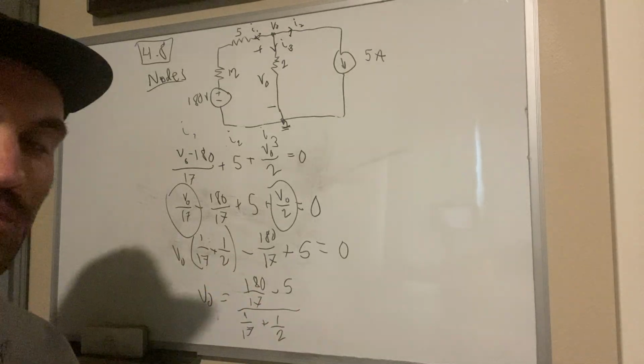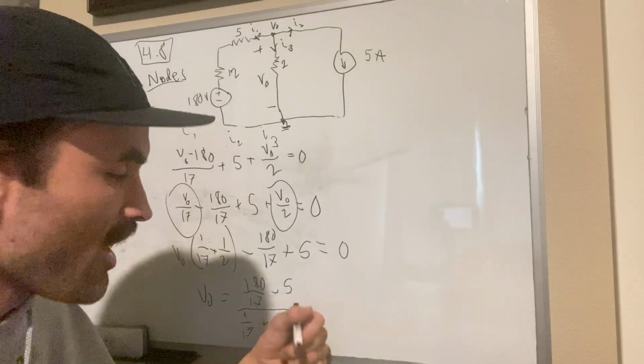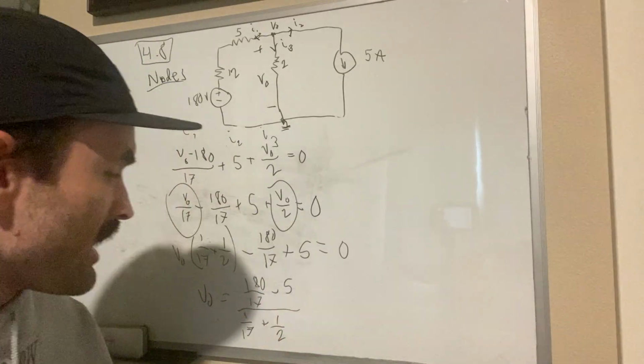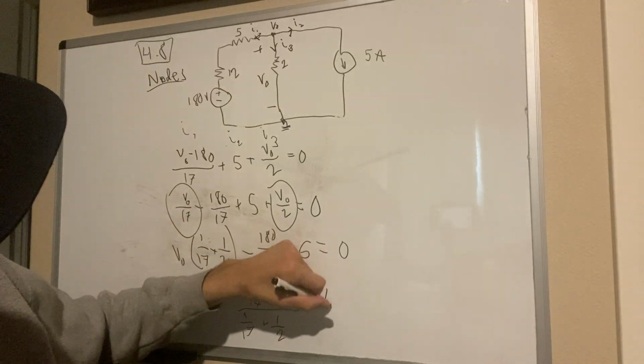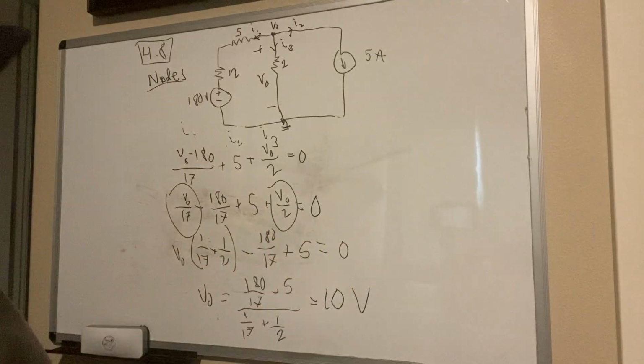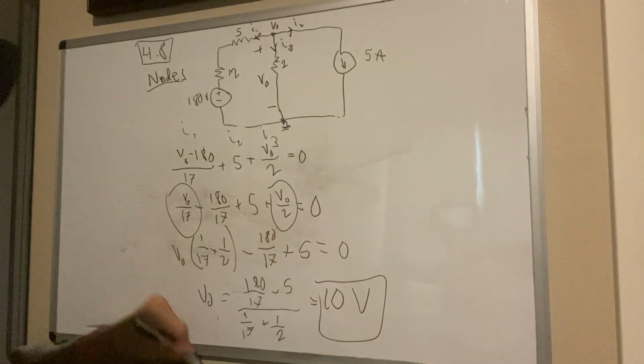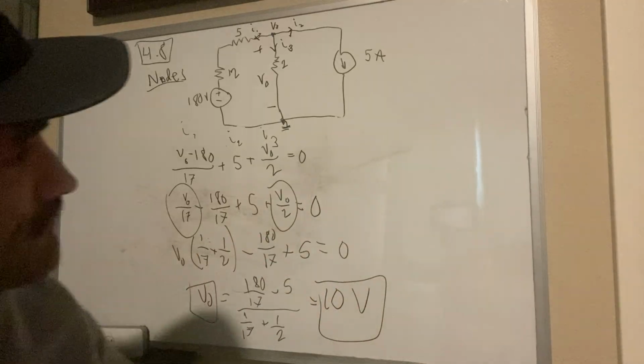Now you can get some least common denominators and do all the fraction stuff there, or you can just plug this into a calculator and you'll end up with 10 volts. So that's the final answer. V naught equals 10 volts.